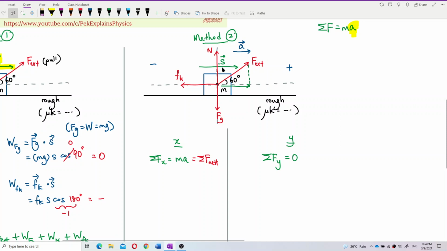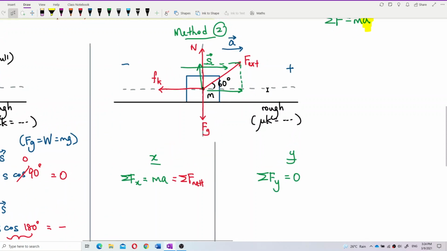The x component is F cos 60, because it is adjacent to 60. The y component is F sin 60, because it is opposite to 60.